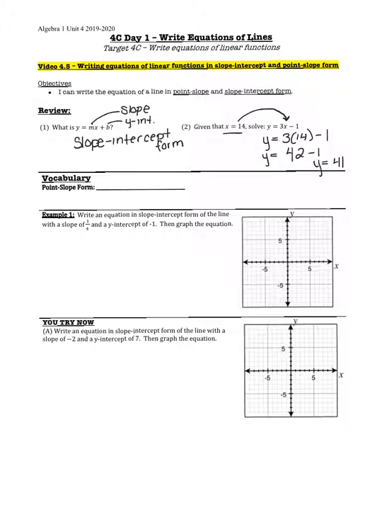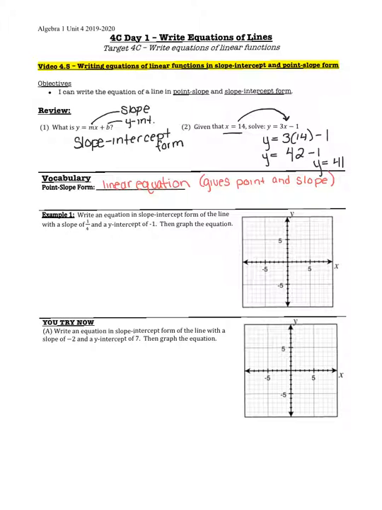So we have some new vocabulary in this video, which is point-slope form. Point-slope form is a linear equation, and it specifically gives you a point and slope, which is where it gets its name.